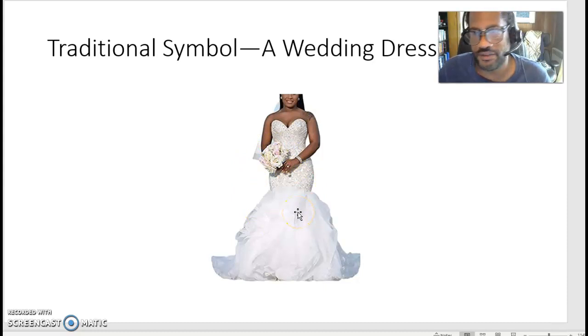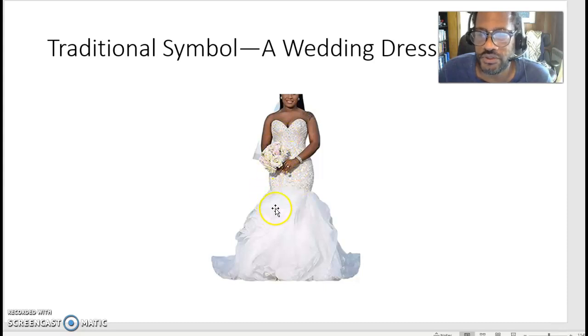And it's okay. We can decide that just like we all decide what the letters of the alphabet mean. So we decide that this wedding dress, this type of dress, is going to represent being married. And it's a very specialized thing. We know if somebody's just walking down the street wearing a wedding dress, you think that person's crazy, right?